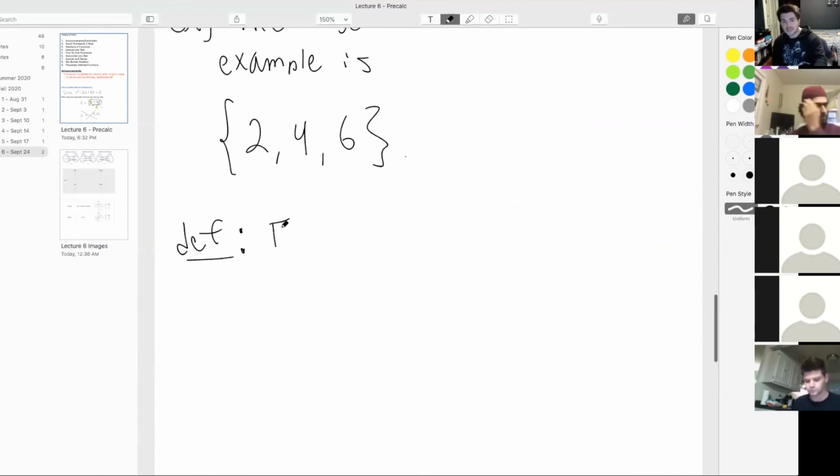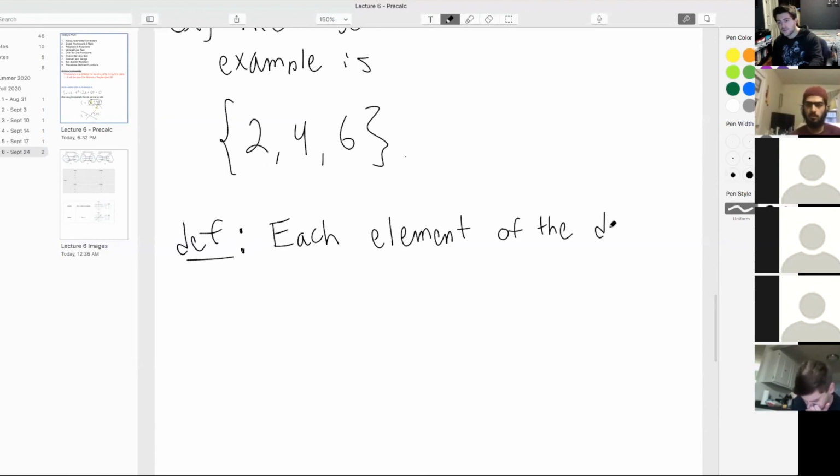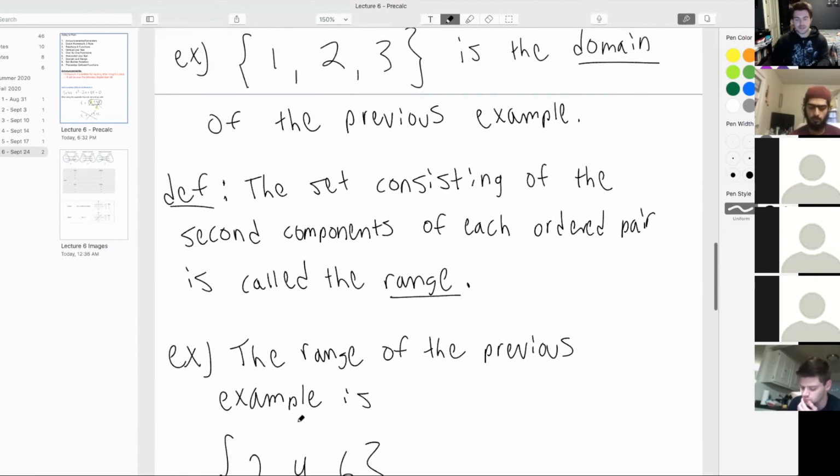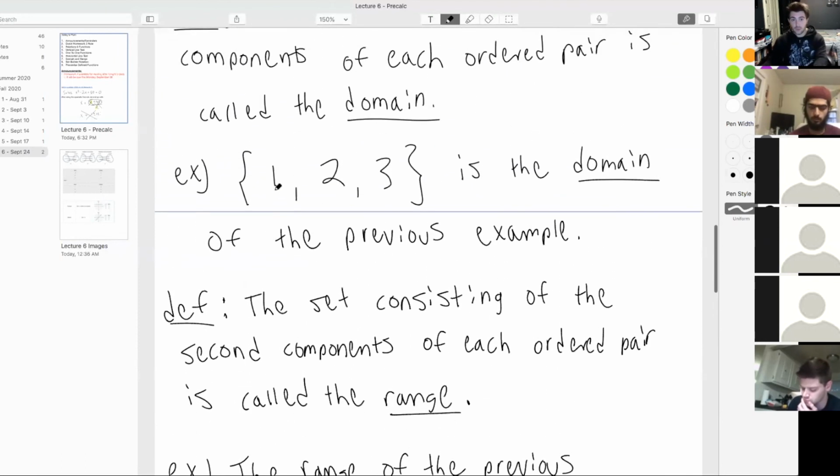Each element of the domain, each element in that set, is called an input. So in the domain, 1 is an input, 2 is an input, 3 is an input.